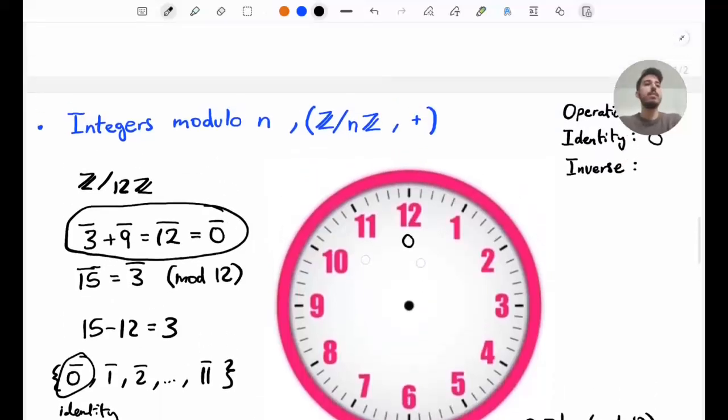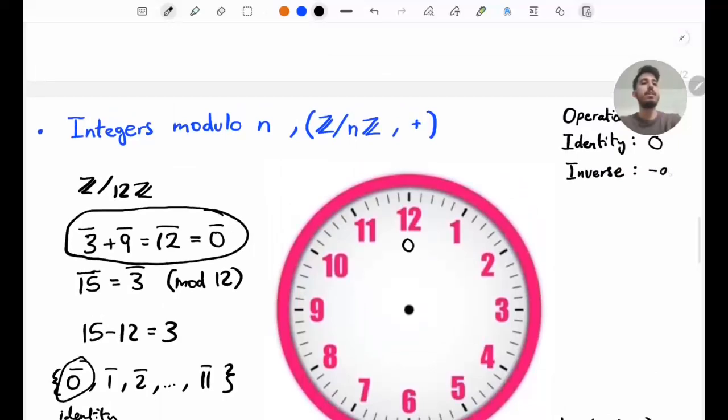That is now minus A bar. We found our operation, identity, and an inverse. And therefore, this very real-life application is in fact a group.